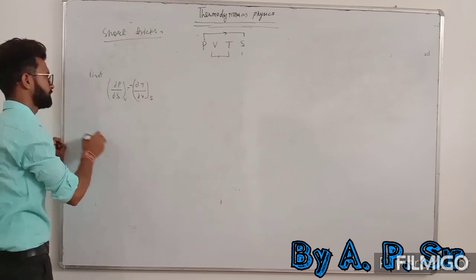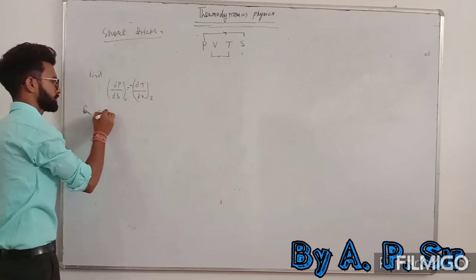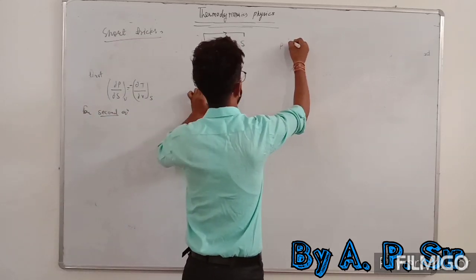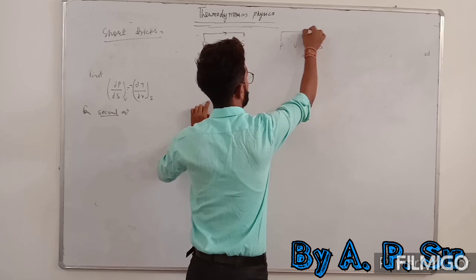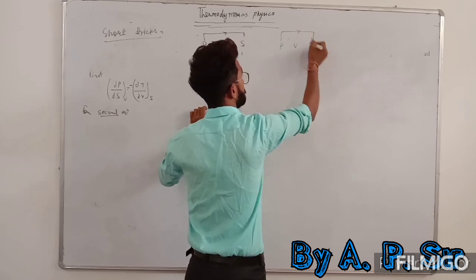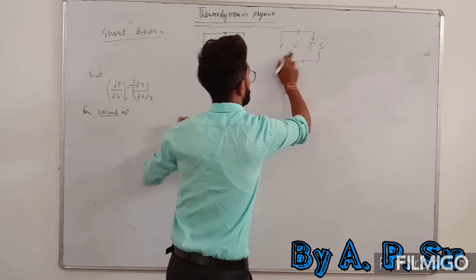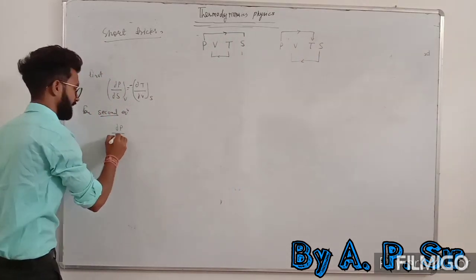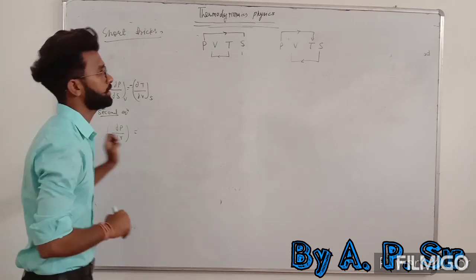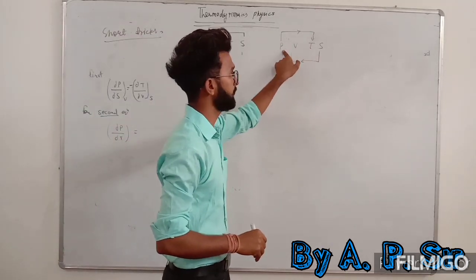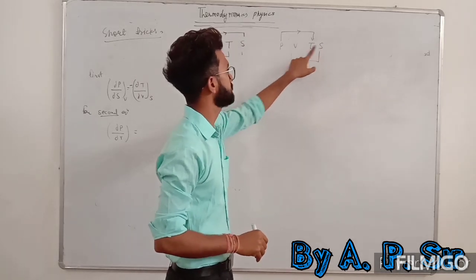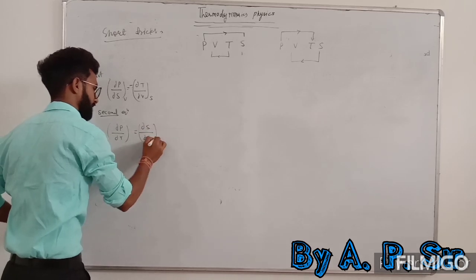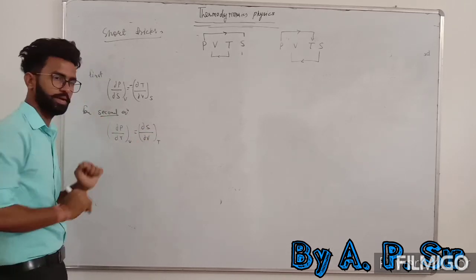Question first starting. Then for the second equation, we write down PV, TS, P to T and S to V. Del P upon del T is equal to del V upon del S. Their V constant and their V constant.